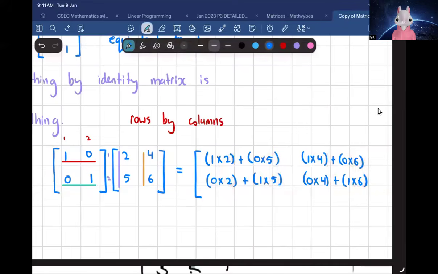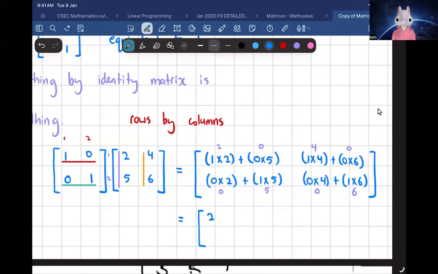So let me just simplify this now. 1 by 2 is 2. 0 by 5 is 0. 1 by 4 is 4. 0 by 6 is 0. 0 by 2 is 0. 1 by 5 is 5. 0 by 4 is 0. 1 by 6 is 6. So it's 2 plus 0.